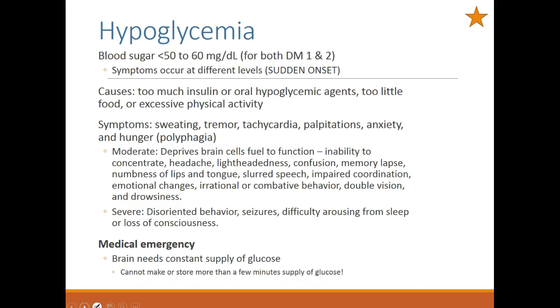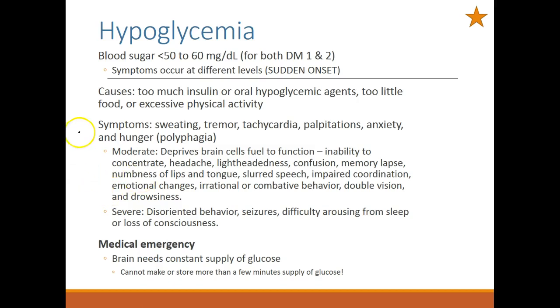So here I talk about blood sugars less than 50 to 60, but you're also going to read anything below 70 can be hypoglycemia. So at least for testing purposes, if you see something below 70, just consider it to be hypoglycemic.